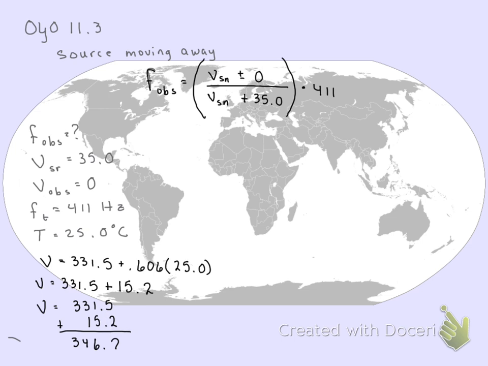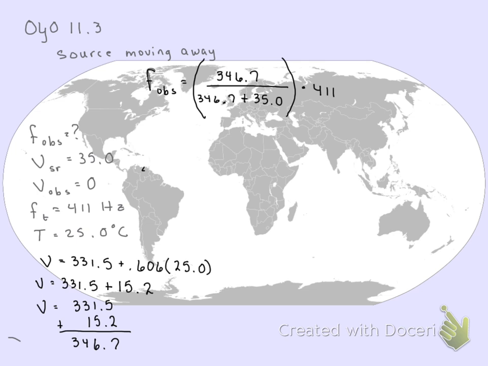Okay, now we can go back in and fill in our Doppler equation now that we know the velocity of sound. So, in fact, I'm just going to erase the whole numerator here, because when the observer is not moving, the only thing relevant to the numerator here is the velocity of sound. So plus or minus 0 is irrelevant.